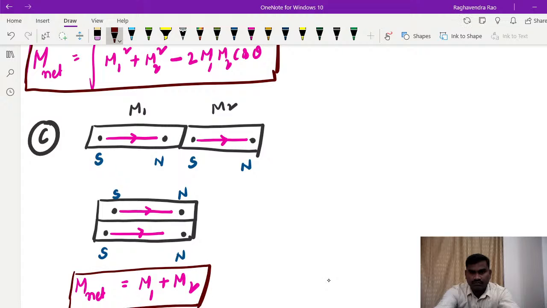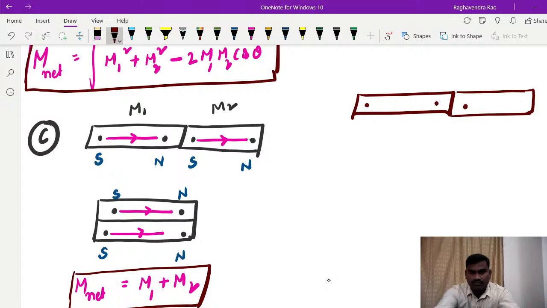In the same way, we can take another two bar magnets which are arranged like this. This is south pole and this is north pole. This is north pole and this is south pole. Now the magnetic moment is directed like this and this magnetic moment is like this. This is M1 and this is M2.